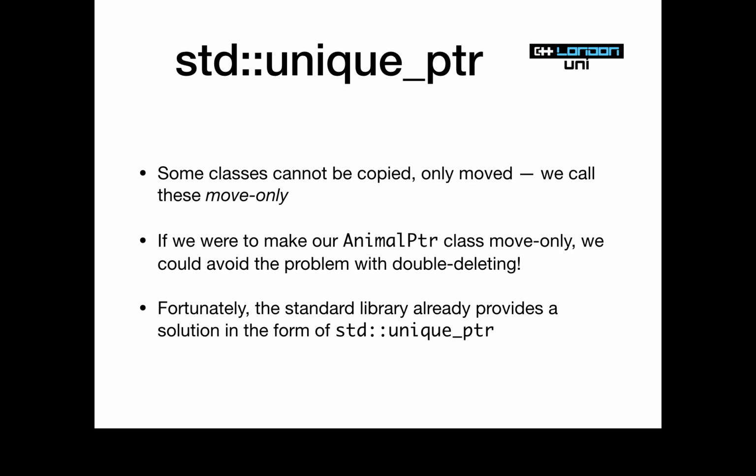It has this object called standard unique pointer, which is, after vector, perhaps the most useful class in the whole of the standard library. Because unique pointer is a smart pointer which is move only, that is, it cannot be copied, and which calls delete in its destructor.